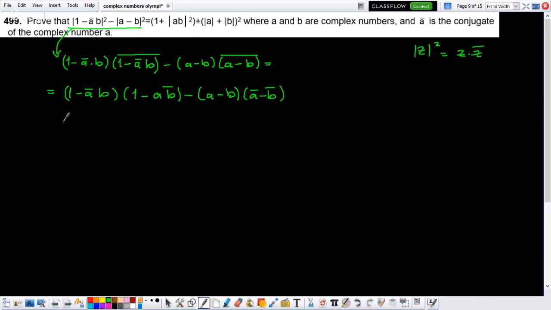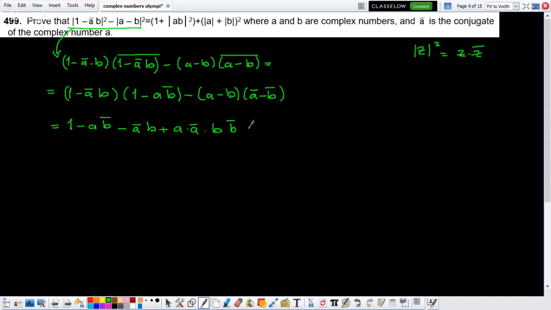If I multiply the terms one by one, 1 times 1 is equal to 1. Then minus a conjugate b times 1 is equal to minus a conjugate b.